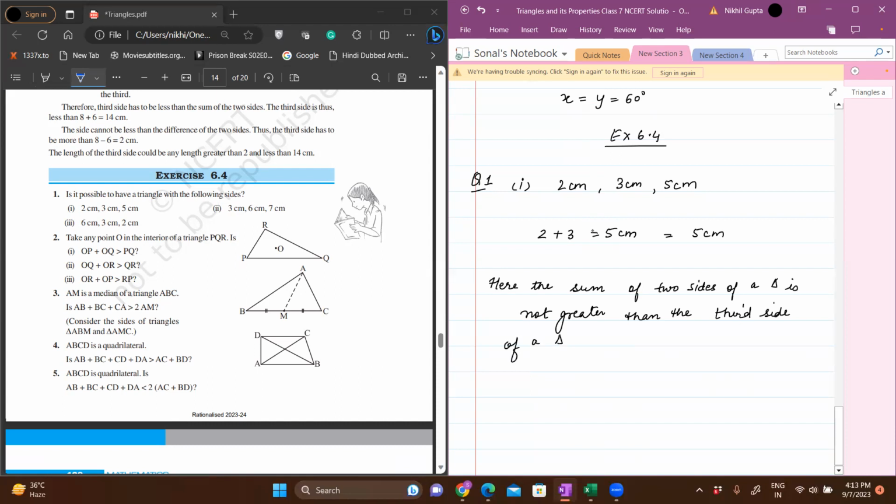So the formation of a triangle is not possible. You can write down, so it is not possible to draw a triangle whose sides are 2 centimeters, 3 centimeters and 5 centimeters.